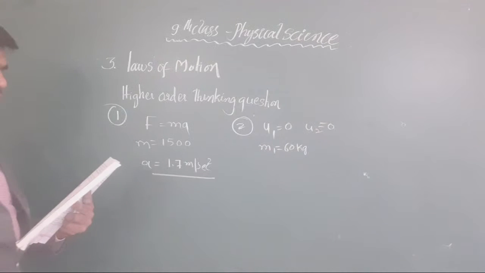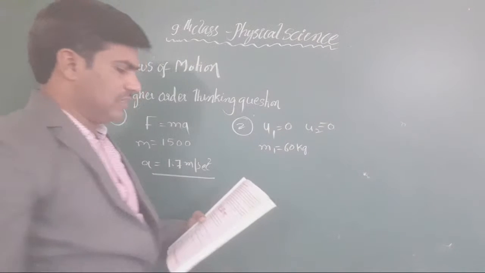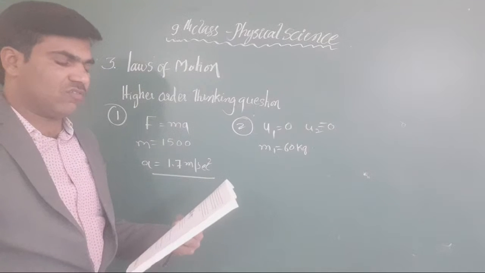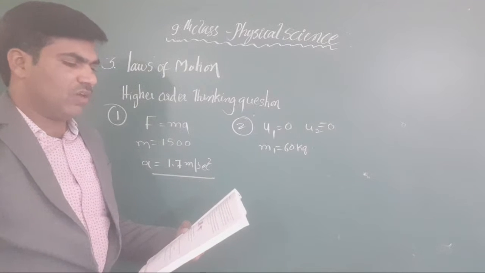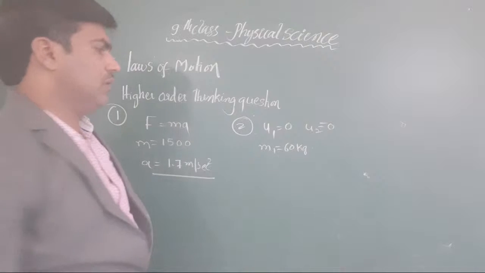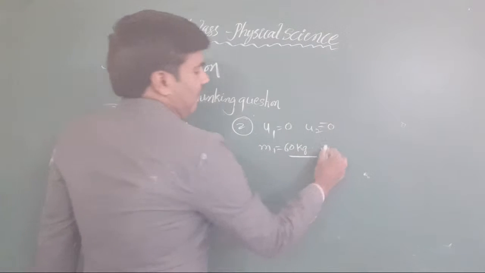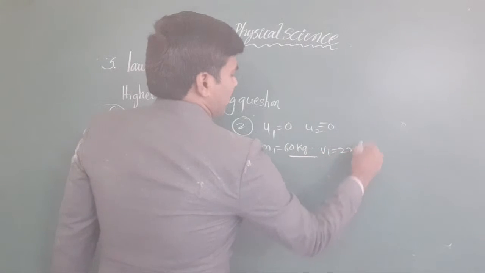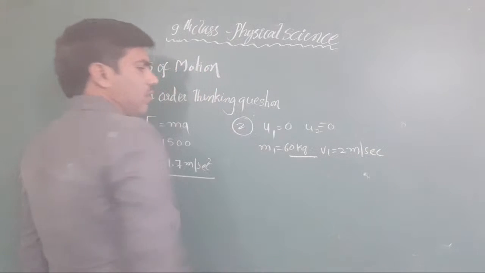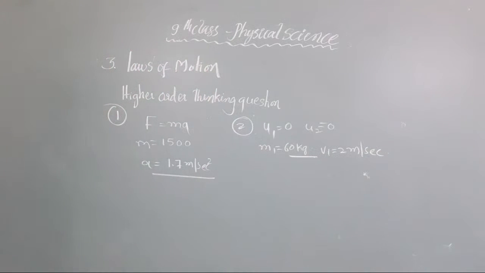It has a velocity of 2 meters per second. One skater whose mass is 60 kgs has a velocity of 2 meters per second. Okay, got it or not, all the students?